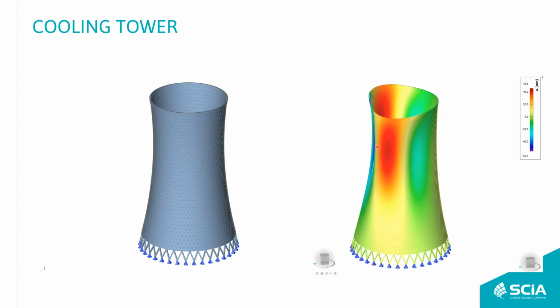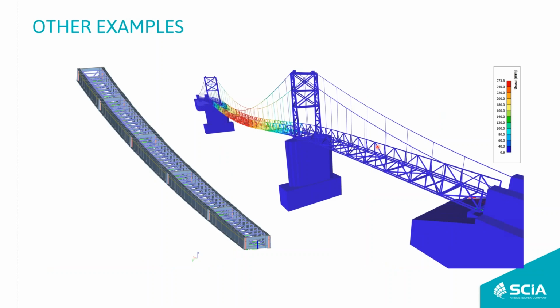It's not just for cooling towers. It could be used for the modeling of bridges or some steel elements where you need to have some, let's say, freedom of change, and that change is not painful for you.